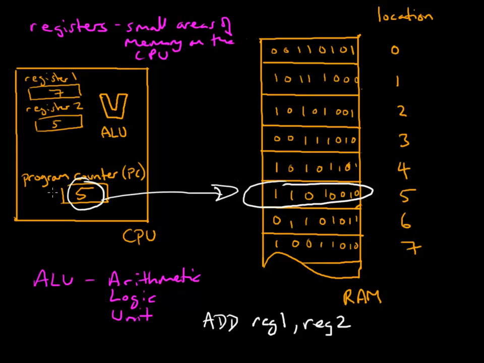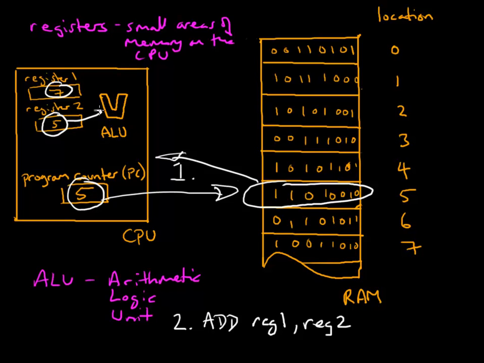So I've done stage 1, which is fetching my instruction. I've then decoded it as step 2. So 1, fetch the instruction. 2, decode the instruction. And then I've got my 7, I've got my 5, and so I now need to execute that instruction.